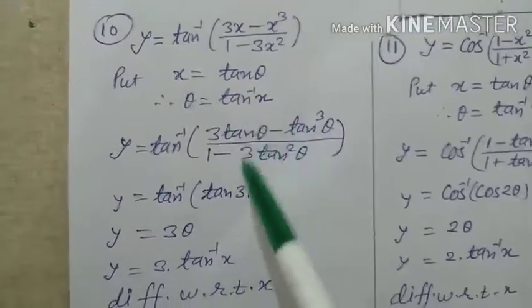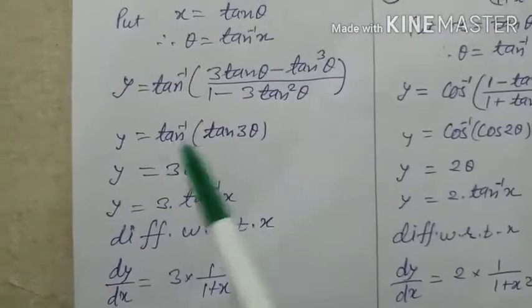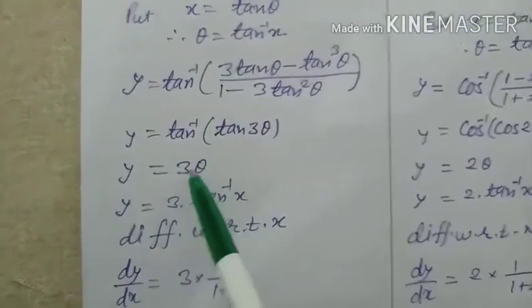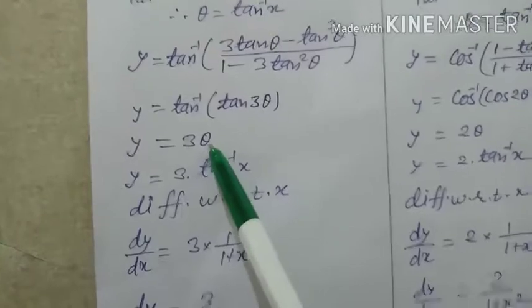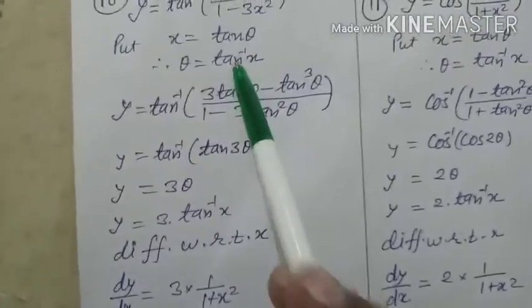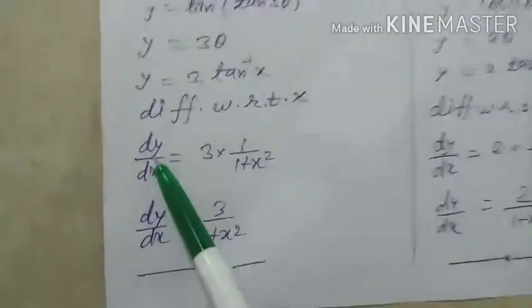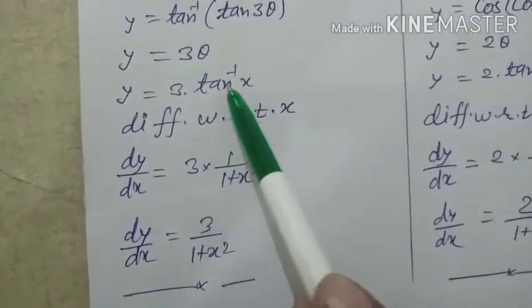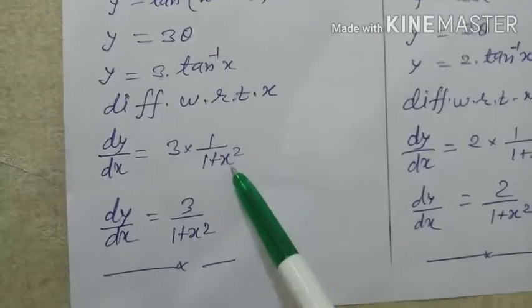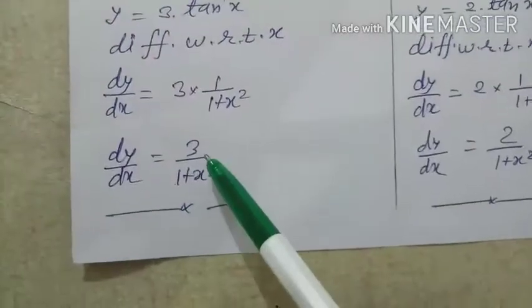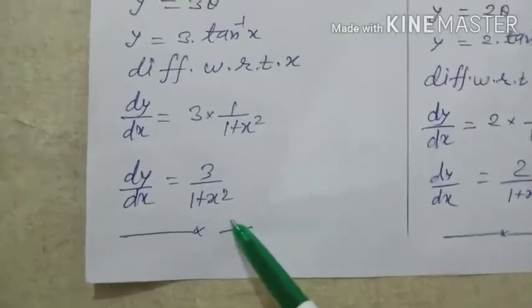This is the formula of tan 3 theta. Tan inverse and tan cancel out, only 3 theta remaining. In place of theta write tan inverse x and differentiate with respect to x. So dy upon dx is equal to 3, and the differential of tan inverse x is 1 upon 1 plus x square. So your final answer is 3 upon 1 plus x square.